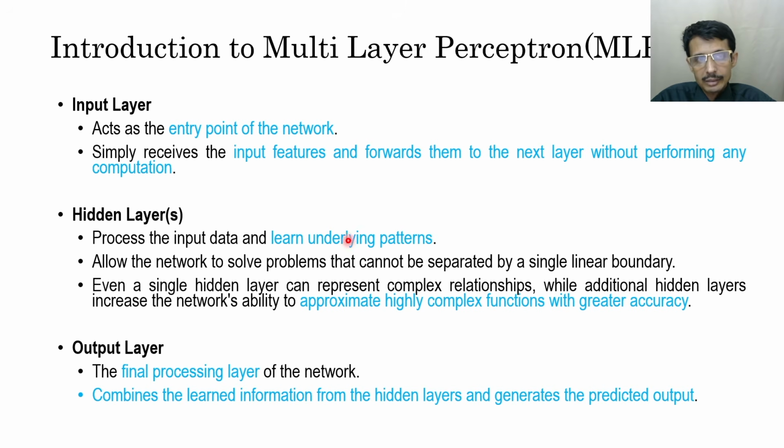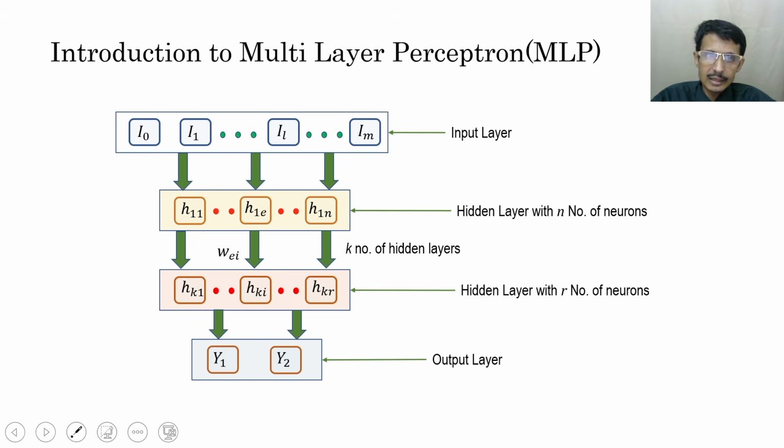Now here we can see that there are several hidden layers. Although we are discussing a simple multilayer perceptron, we try to understand one thing here. The initial hidden layers in general model very primitive patterns, since we are dealing with a vision problem.